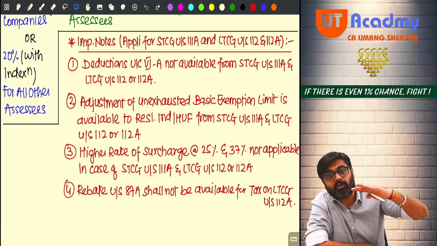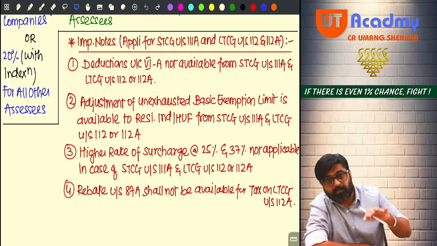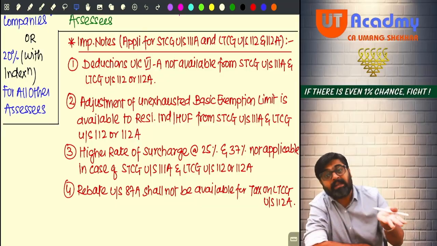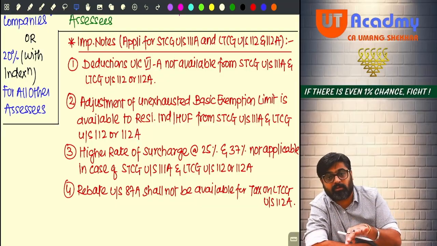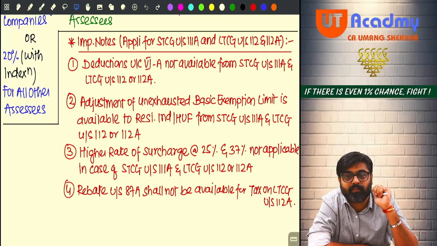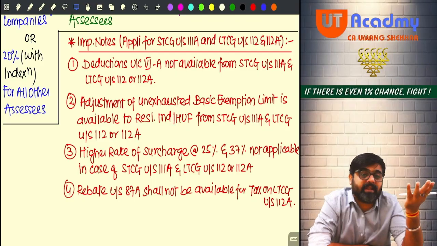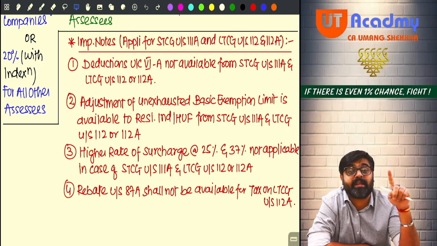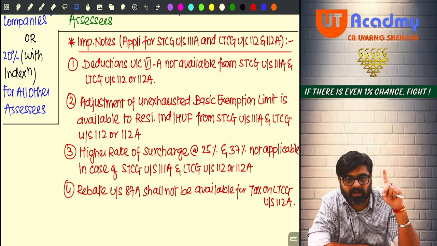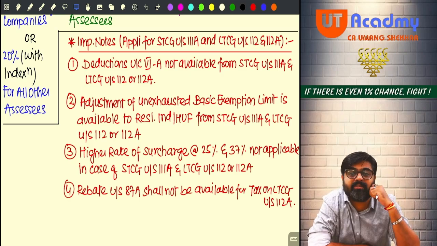So the company used to pay income tax on its own income, and the company used to pay additional income tax on the dividend also, which the company used to distribute to the shareholder. And hence, the dividend was exempt in the hands of shareholders under section 10(34). There was one section earlier, 10(34). Under that section, the dividend used to be exempted.